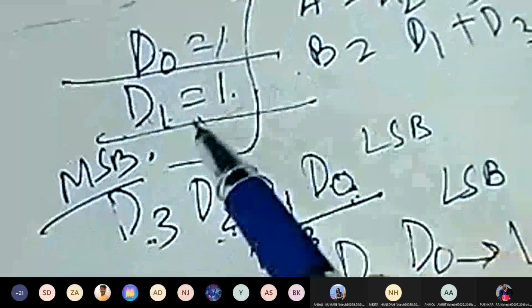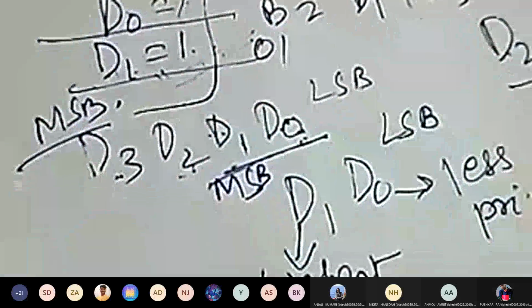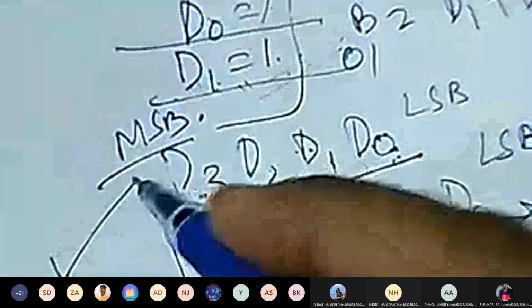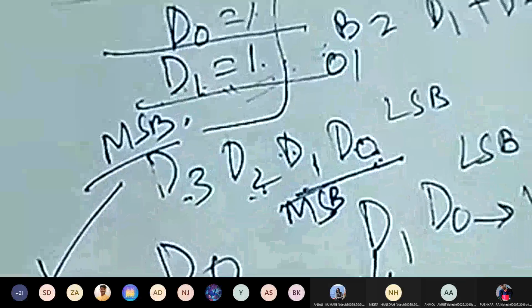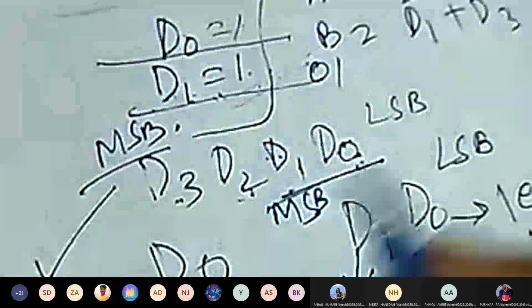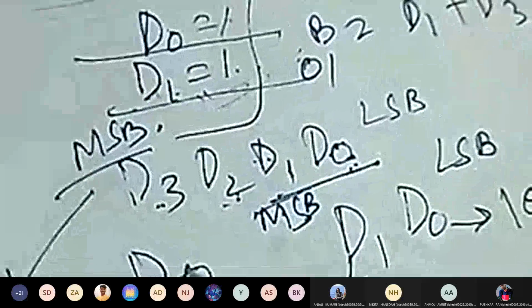So we will give the priority to D1 and the output you will get is 0, 1. If D3 and D0 are there, you give the priority to D3 and the answer, that is AB, will be 1, 1.